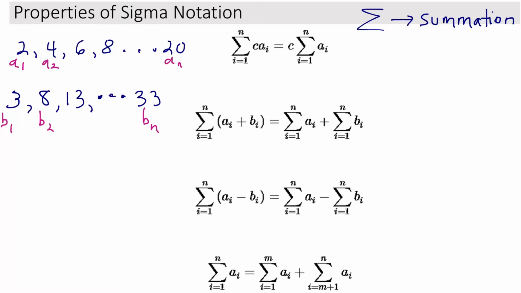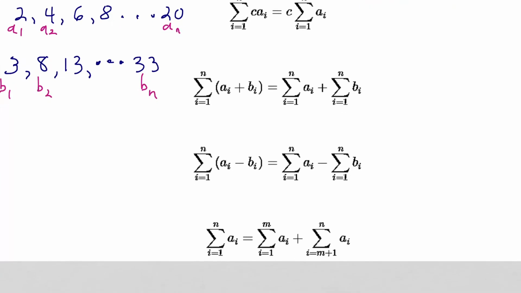All right, now this last property right here says that let's say you want to break your list into two pieces. So for instance, if I'm looking at this list here, let's say I go from 1, 2 to 3, and then break that in half, and the rest of them from A sub 4 all the way to A sub n is another piece of my list.